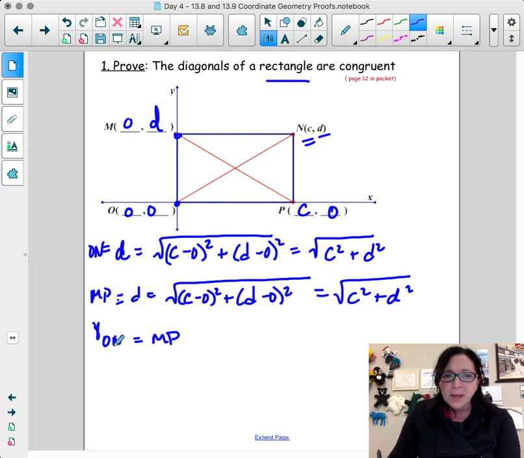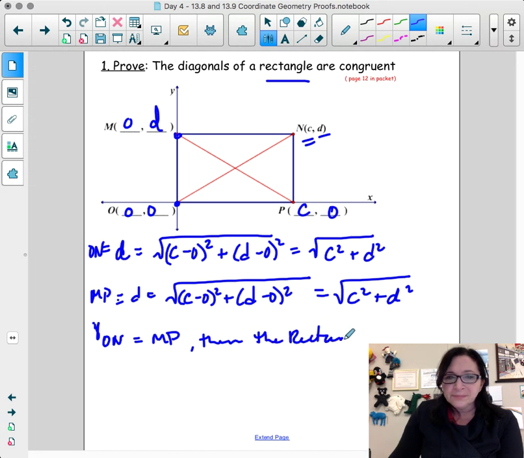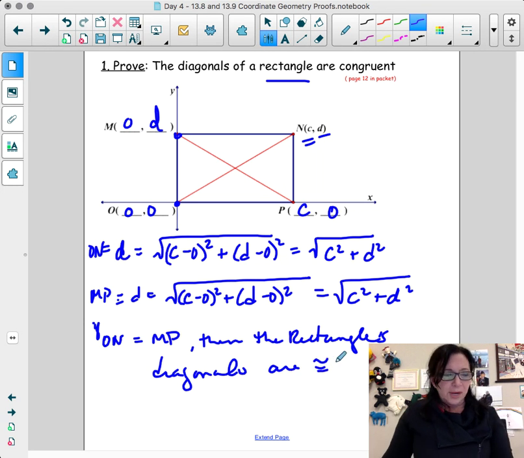If ON is equal to MP, comma, then the rectangle's diagonals are congruent. So that's my little summary to conclude what I just said.